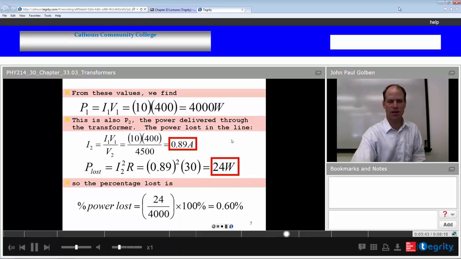So our percentage lost is 24 watts over our power of the circuit, 4,000 watts, times 100%, or 0.6%. Not a whole lot lost in the secondary line.